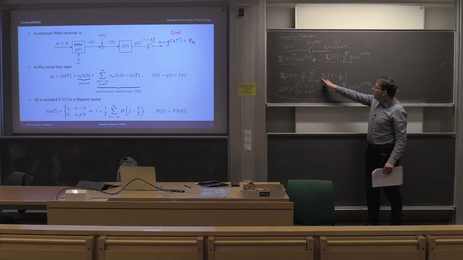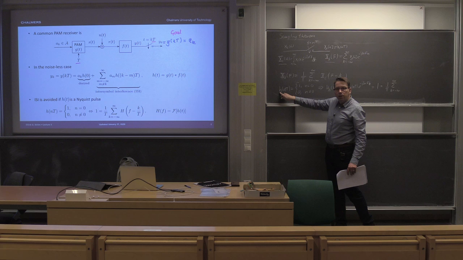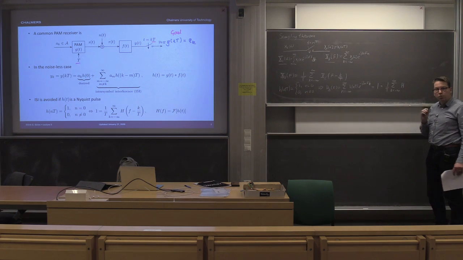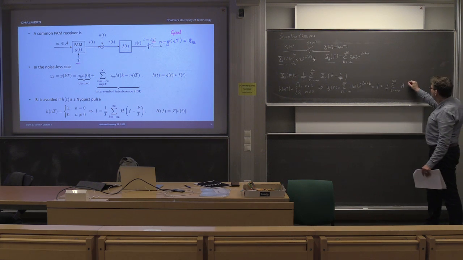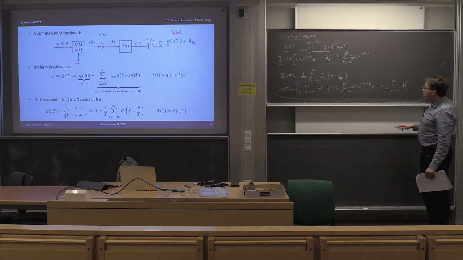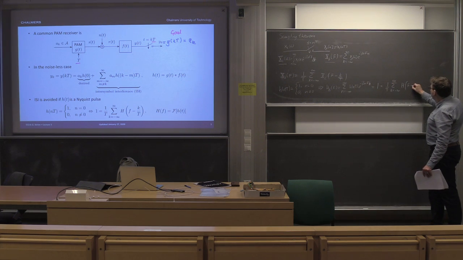And here we have the continuous Fourier transform of the signal that we have sampled. So here we just have capital H, which is the Fourier transform of the continuous signal. And then we should plug in f here, and then k over t.